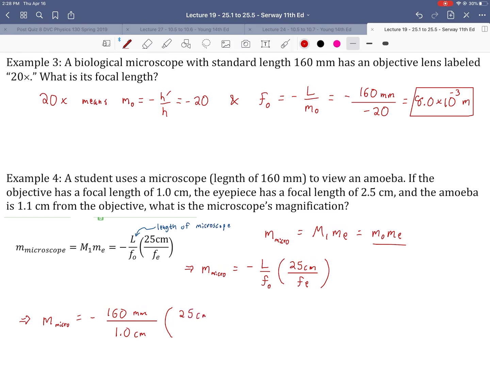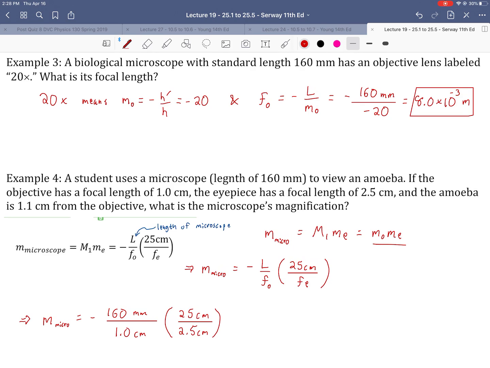So 25 centimeters again. I'll take advantage and cancel that unit out. And then the focal length of the eyepiece was 2.5. Okay, so when we plug this all in, let's see what we get.